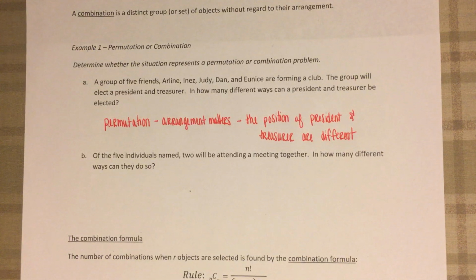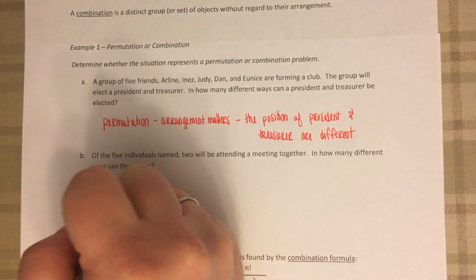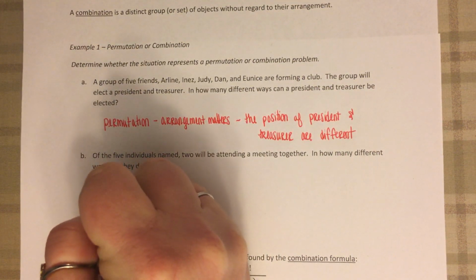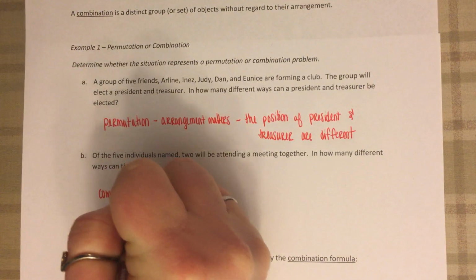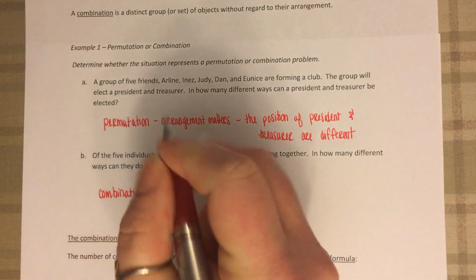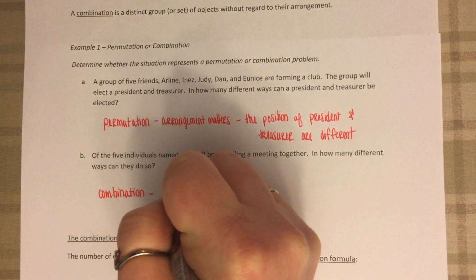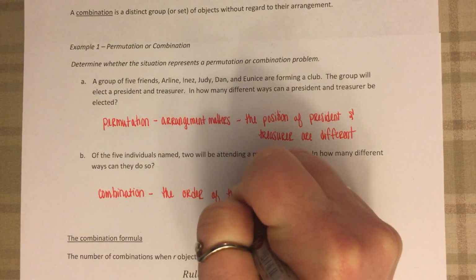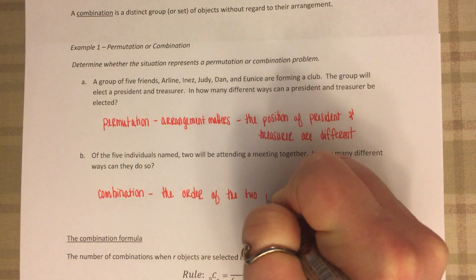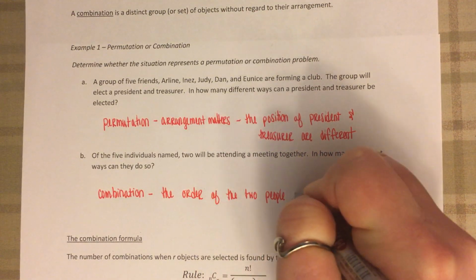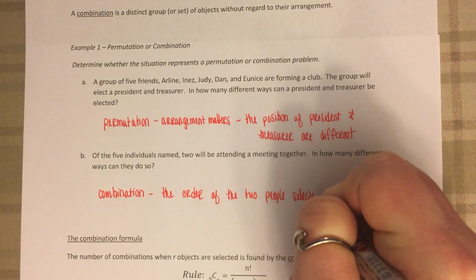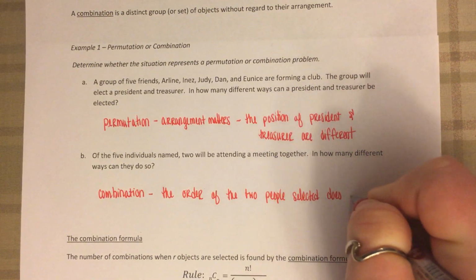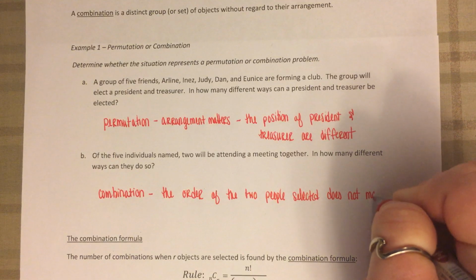For B, of the 5 individuals named, 2 will be attending a meeting together. How many different ways can they do so? Well, this particular example is a combination, because the order of the 2 people selected does not matter.